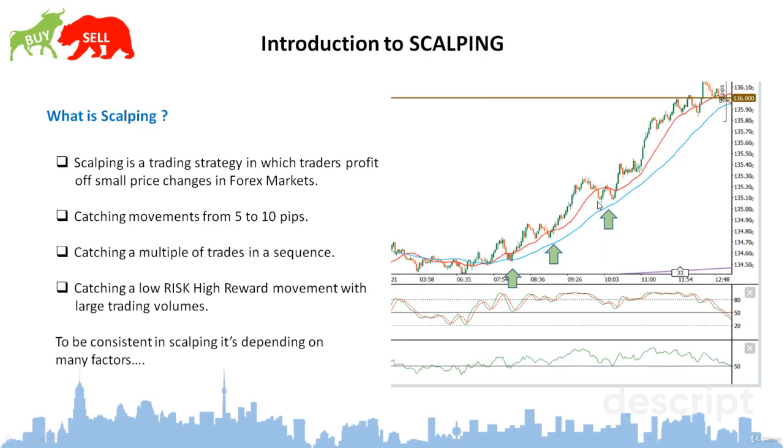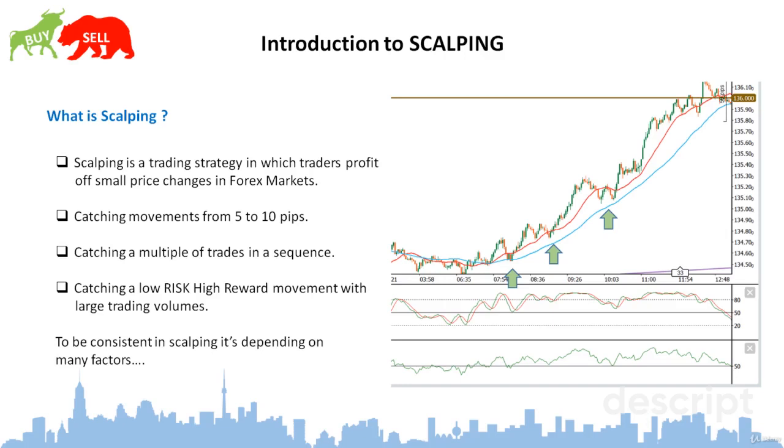The trader will also focus on doing multiple trades in sequence. In my course, I will teach you to catch low-risk, high-reward movements with large trading volume. This is my scalping strategy.